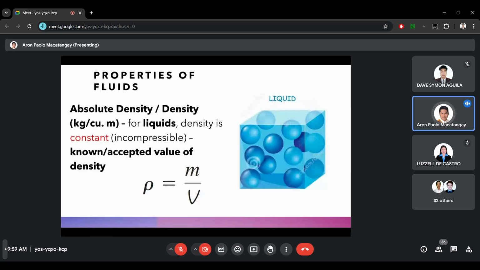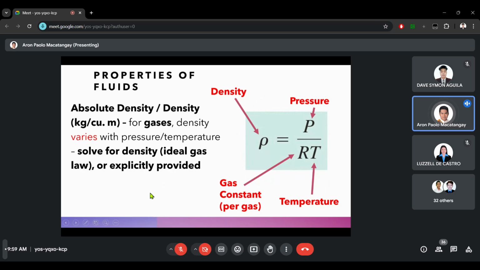For liquids, it's easy, just get the mass and the volume directly. But for gases, you have to get it through the ideal gas equation because of the compressibility property of gases. Okay? Any questions about density and specific volume? None.